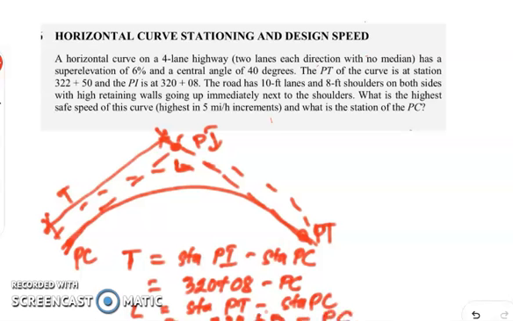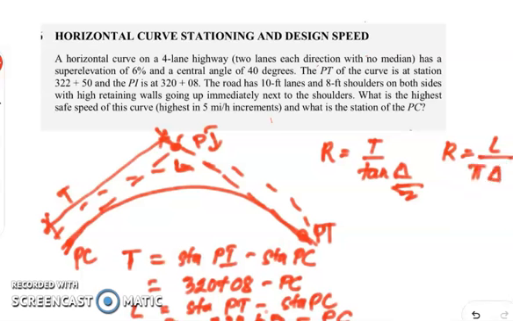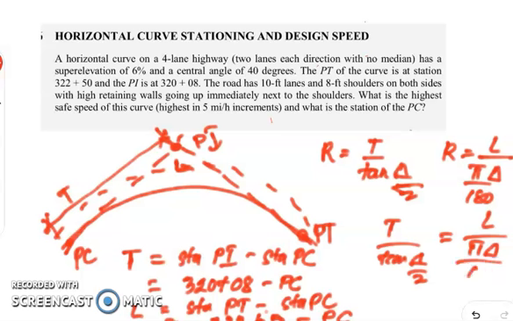Now from our equation, R is equal to T over tangent of delta over 2. Then our R in terms of the length is L over pi times delta over 180. Equating these, we have T over tangent of delta over 2 equal to L over pi times delta over 180.